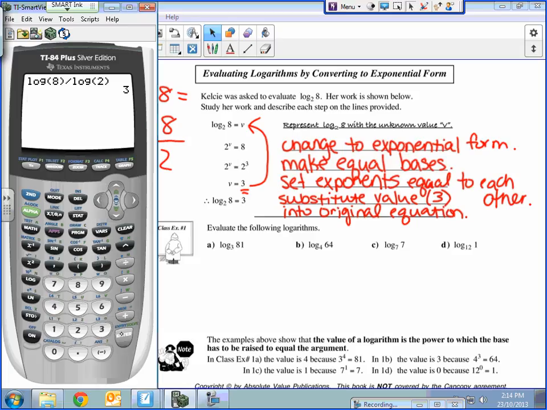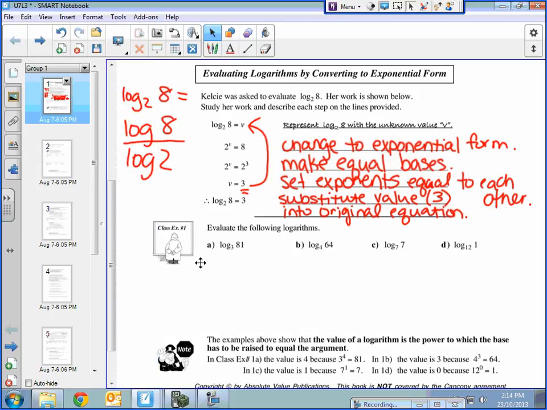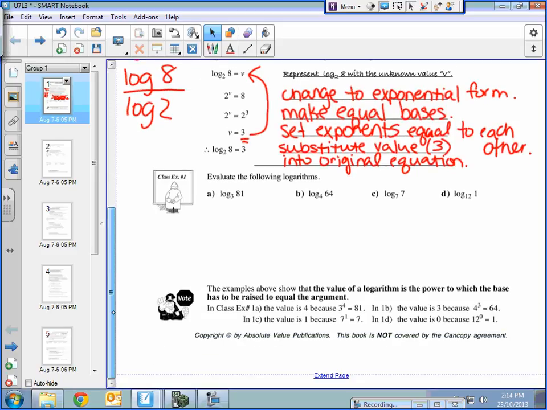If you have to show your work this way, you can always check it on your calculator. On a multiple choice test, just put this in your calculator. Does that make sense? Now we're going to evaluate these and check your work using your calculator.